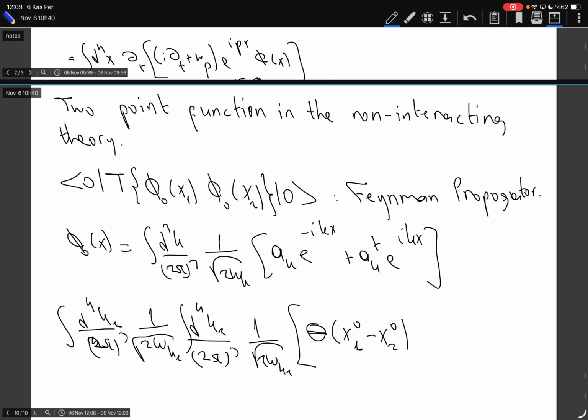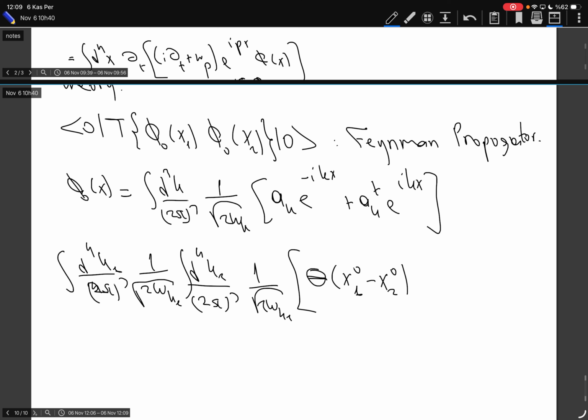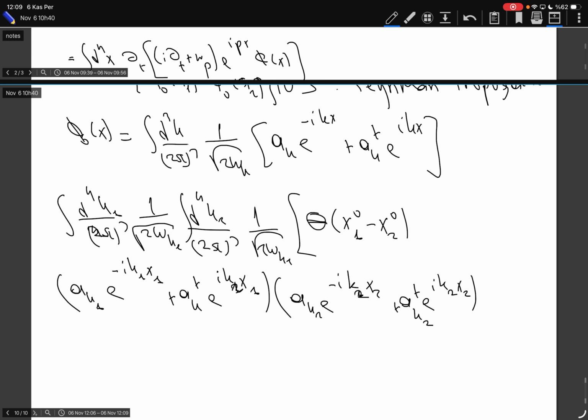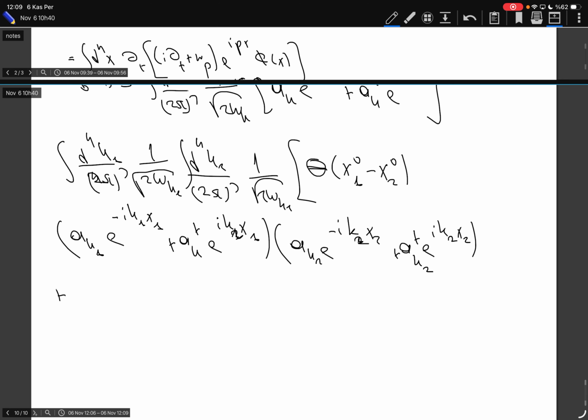I'm just using the definition of the time ordered product of a k1 e to the power minus i k1 x1 plus a k1 dagger e to the power i k1 x1, times the other one, plus, well, if x2 is at a later time, just change their order.